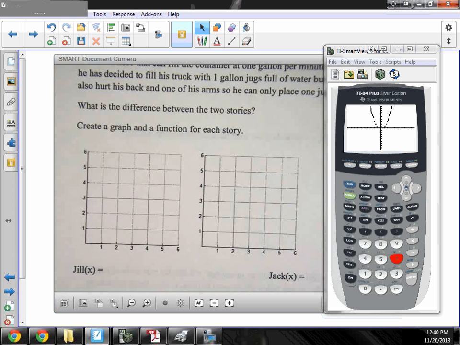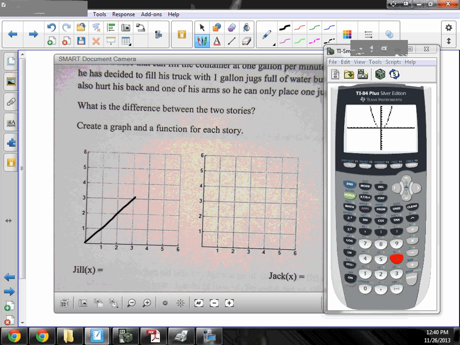They're both 1 gallon per minute, right? So if they're filling the truck at the same rate, what's the difference? So if we were to graph Jill's graph, it would be continually filling up. What is Jack's story going to look like?